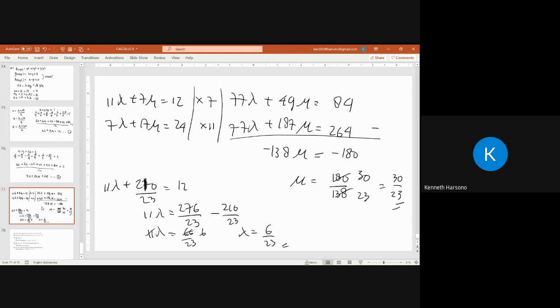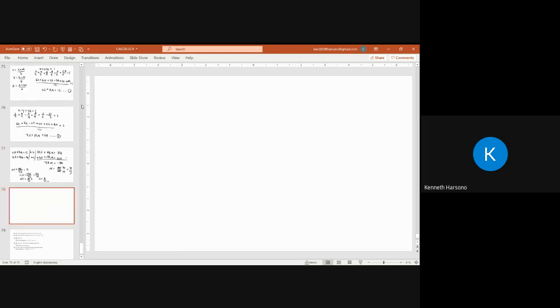We can get the mu and lambda, so we can get x, y, and c again. So x is 36 over 23 times half, so 18 over 23.